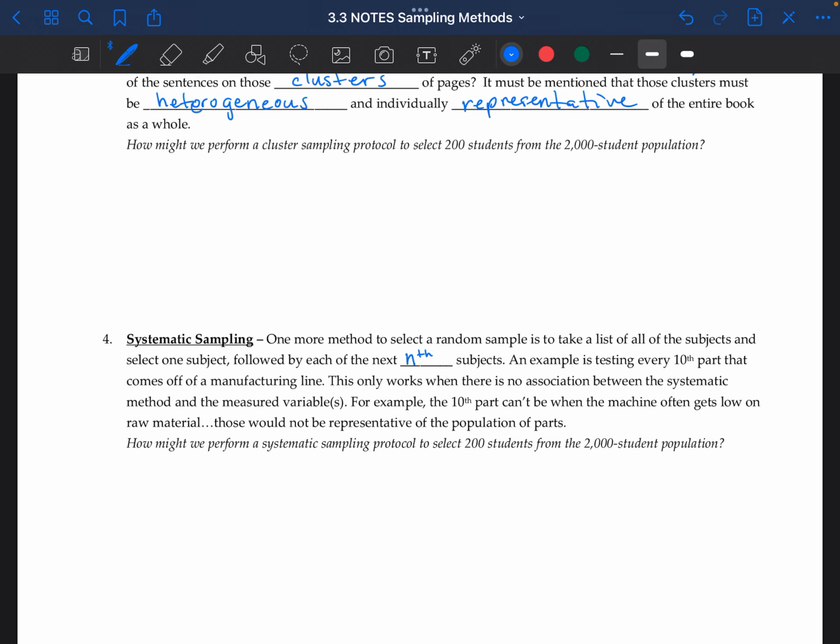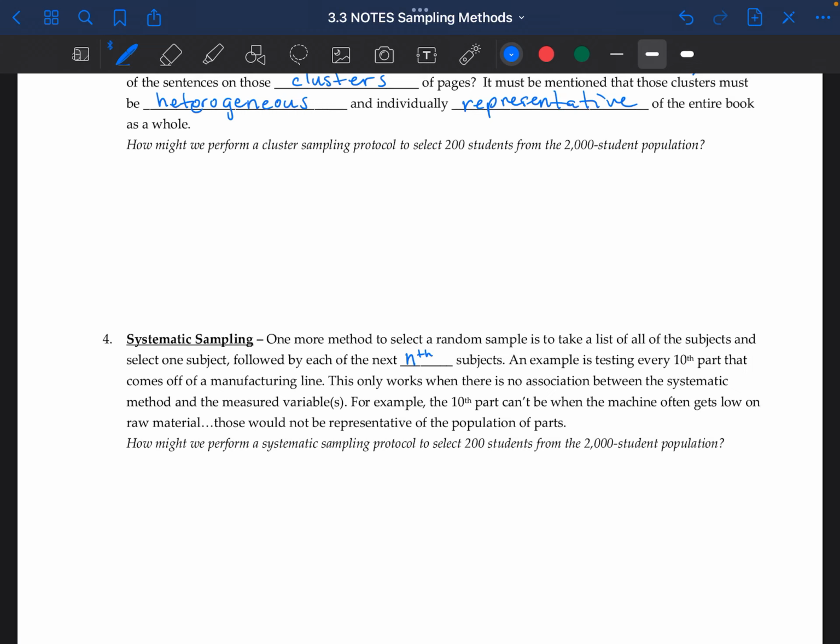The only issue you might fall into here is if the number of items you're looking at could somehow affect what you're seeing. For example, the 10th part can't be when the machine gets low on raw materials.